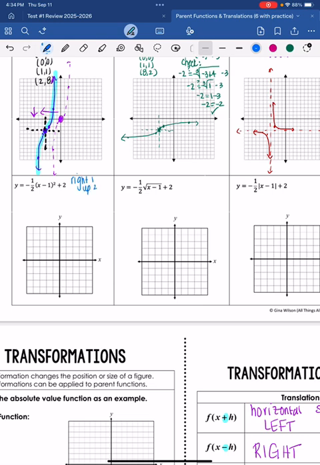It is going to have an x-axis reflection. And the absolute value of -1/2 is 1/2, and that is going to be a vertical compression. All of these: right 1, up 2, reflection, compression.